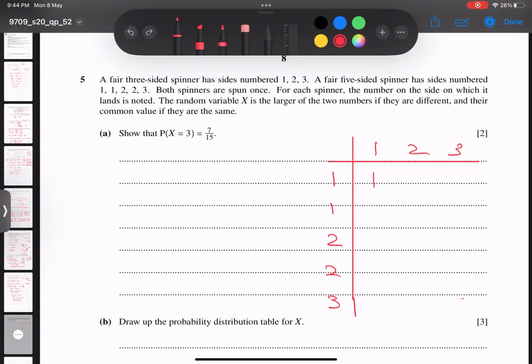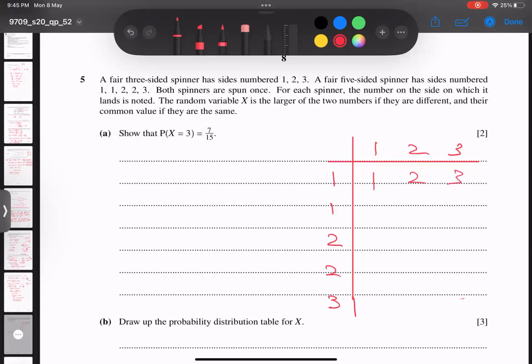Because they're the same, the answer is the same. What about 1, 2? The bigger number is 2, and he said the larger of the two numbers is considered, so we take 1. And 2 and 1, what is the larger number? Sorry, here I wrote 2, not 1. 2 and 1, what is the larger number? 2. And 3, what is the larger number? 3.